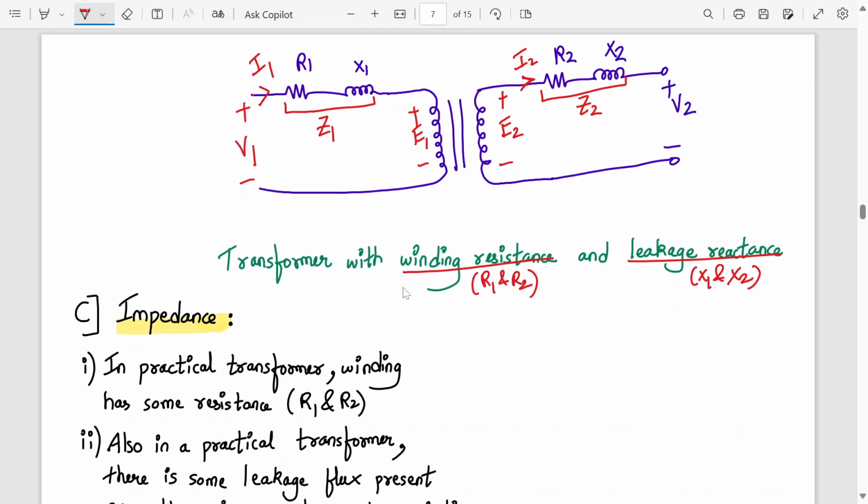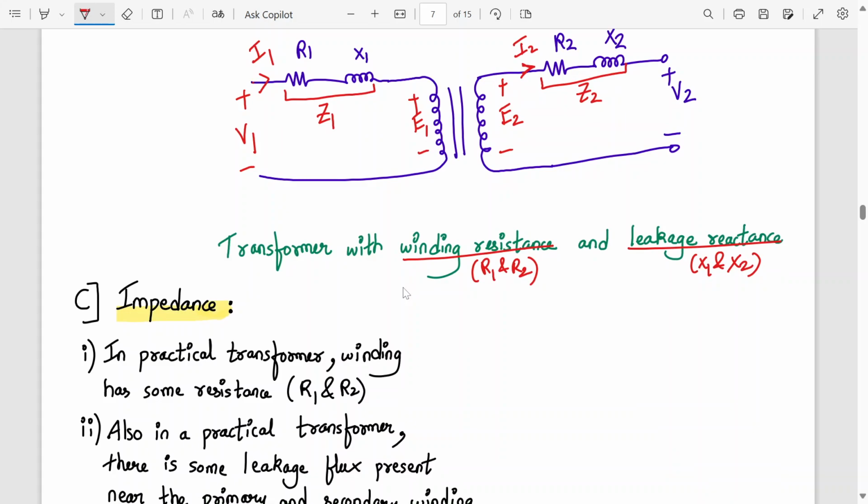What is my primary impedance then given by? Can you tell me? So Z1 will be given by R1 plus jX1. Why is it plus? Because I know it's an inductor. Instead of writing XL1, I'm writing X1. And what is Z2? Can you tell me? R2 plus jX2.